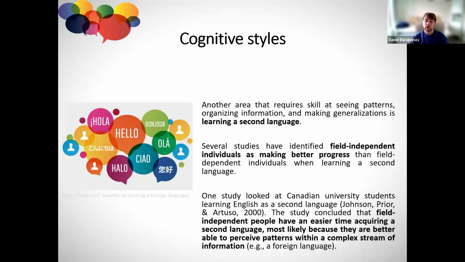So field-independent people, because of their better attention focus on exact pieces of information, actually overcome this chaos a bit faster and a bit better than field-dependent people. So probably this is the explanation of this correlation, which is actually quite interesting.